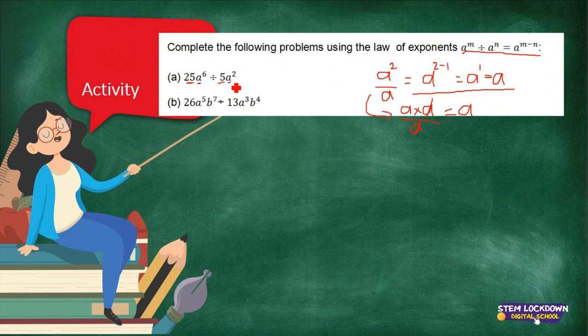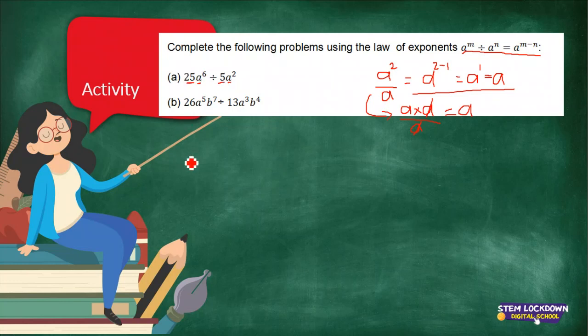Okay, I'll give you 20 seconds to do number A, 25a to the power 6 divided by 5a to the power 2. We have 15 seconds left. You have 10 seconds remaining. You have 5 seconds now, and your time is up, right? Obviously, I might look at your answers later, but just write your answers on your chat.